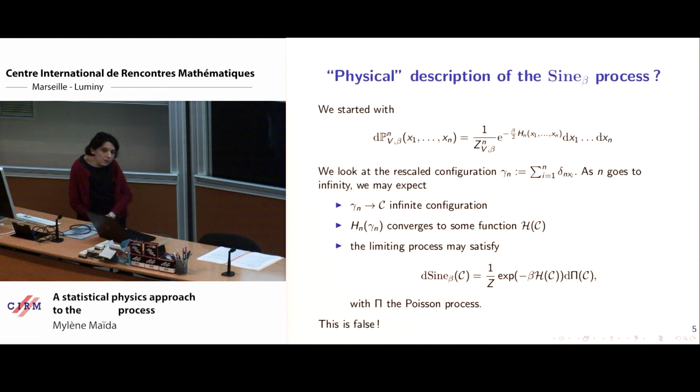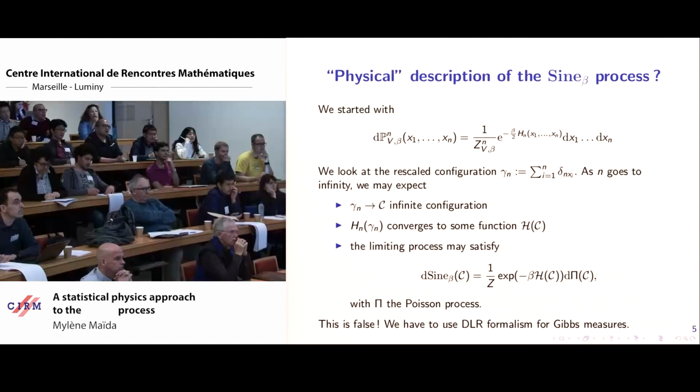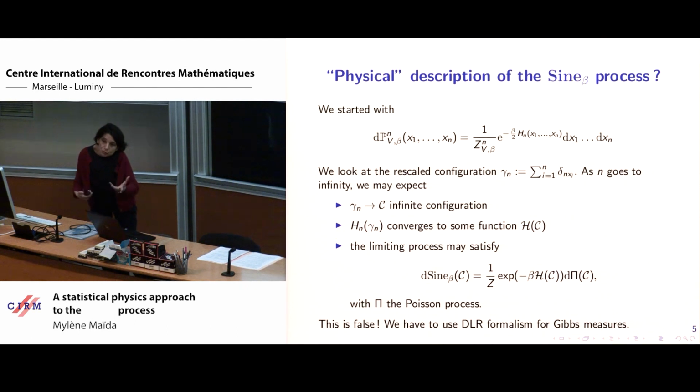So of course this is very false, because we know that only Poisson processes can have a density with respect to a Poisson process. But there are tools, and there is a formalism to express this kind of heuristics more rigorously. This is called the DLR equation.